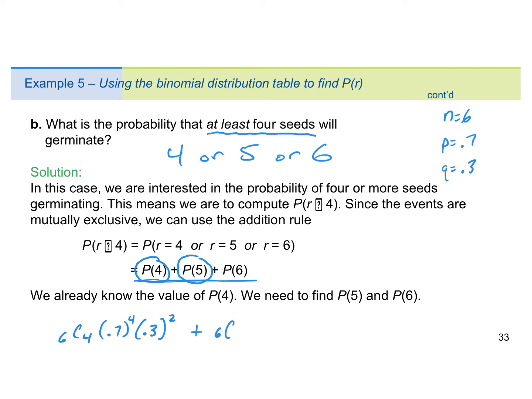That is 6C5, 0.7 to the power of 5, 0.3 to the power of 1. And now let's do the 6. Or put a plus sign. 6C6, 0.7 to the power of 6, 0.3 to the power of 0.